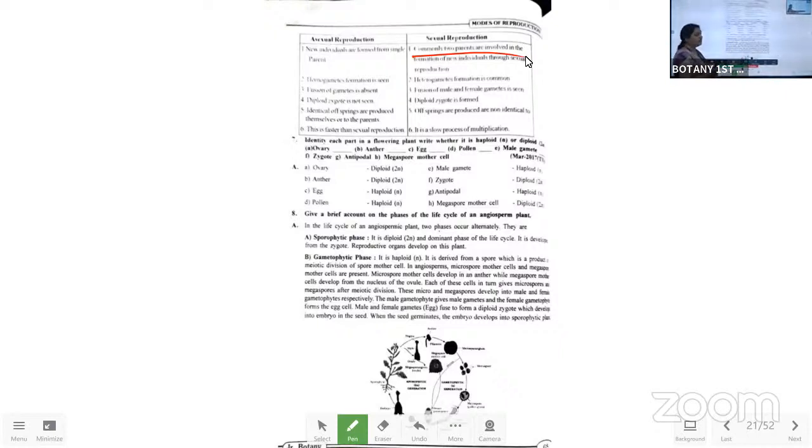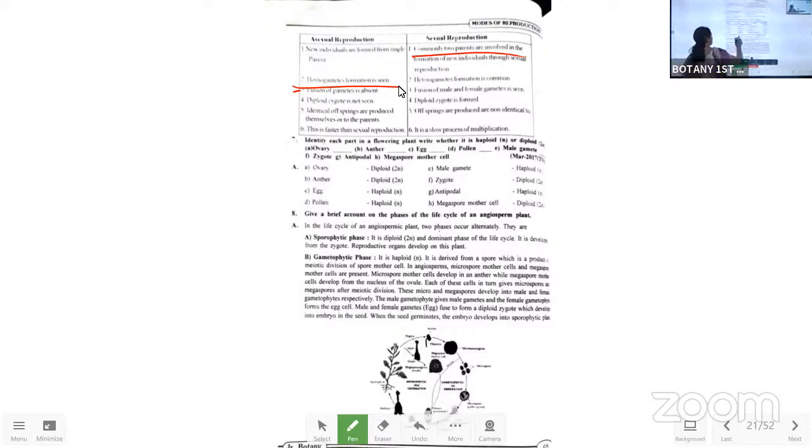In asexual reproduction, homogametes formation is seen, that is, the spores formed during the homosporous condition, not gametes. Homosporous condition can be seen in asexual reproduction.